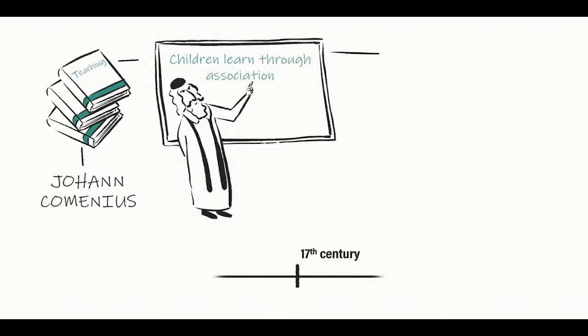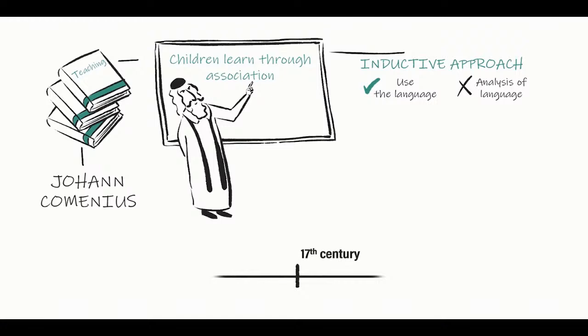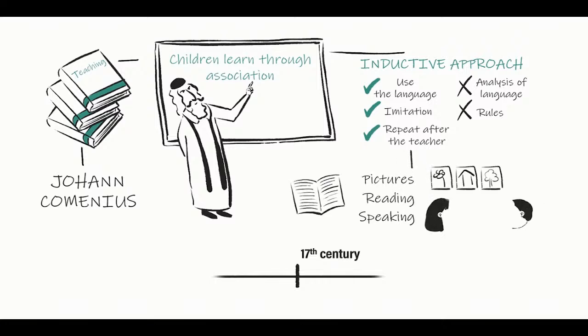Comenius was the first to introduce an inductive approach to language teaching, in which the goal was to teach students to use the language rather than teach them rules and analysis of the language. He used imitation instead of rules, claiming that students should repeat after the teacher. He also encouraged language to be taught through pictures and the practice of reading and speaking.